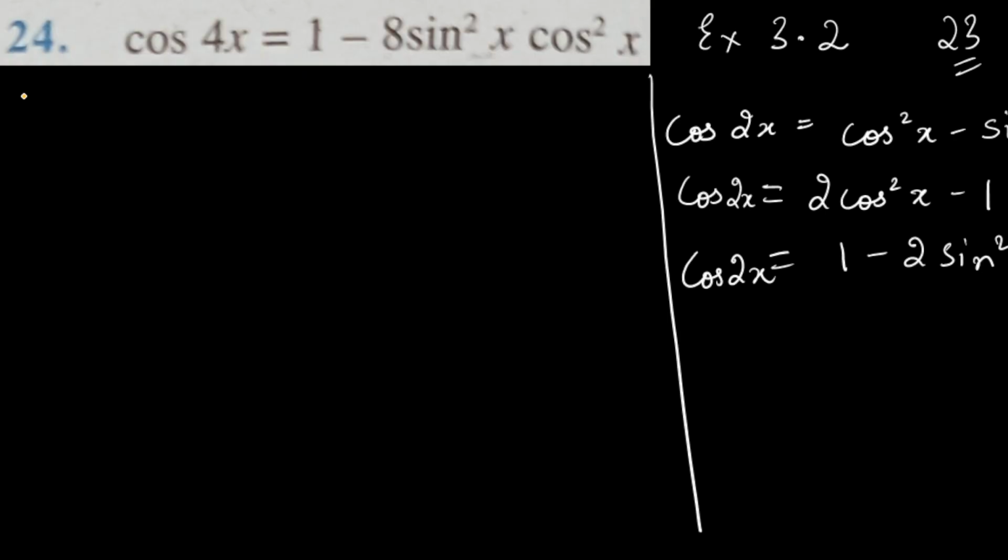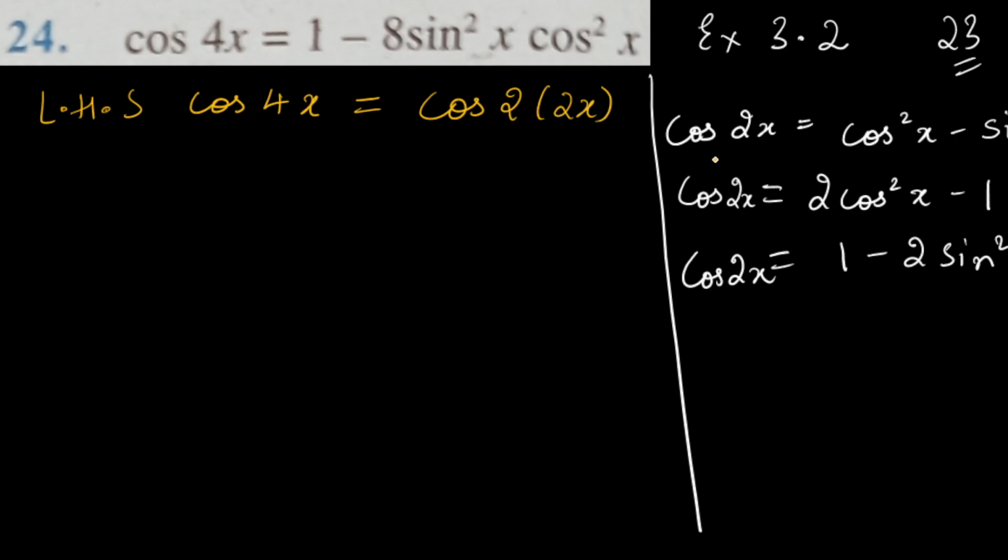Now here you can see we are going to start this question from the left hand side. So left hand side is cos 4x. First of all, I can write it as cos 2 times 2x. So 4 I have just written in a different way, as 2 into 2.